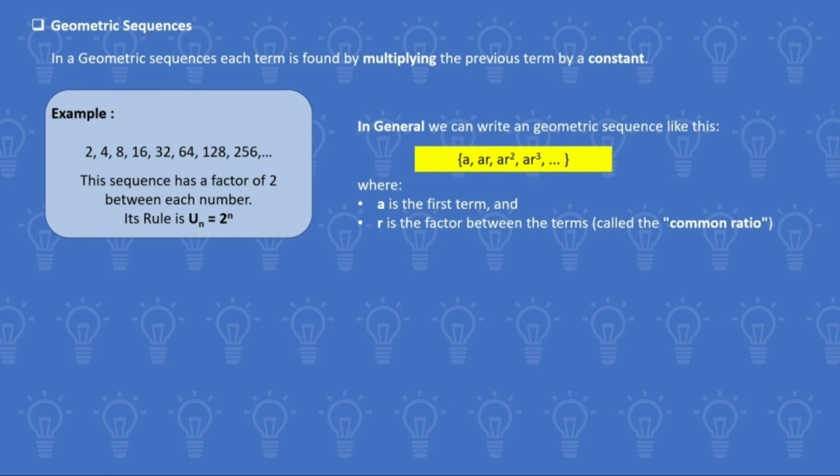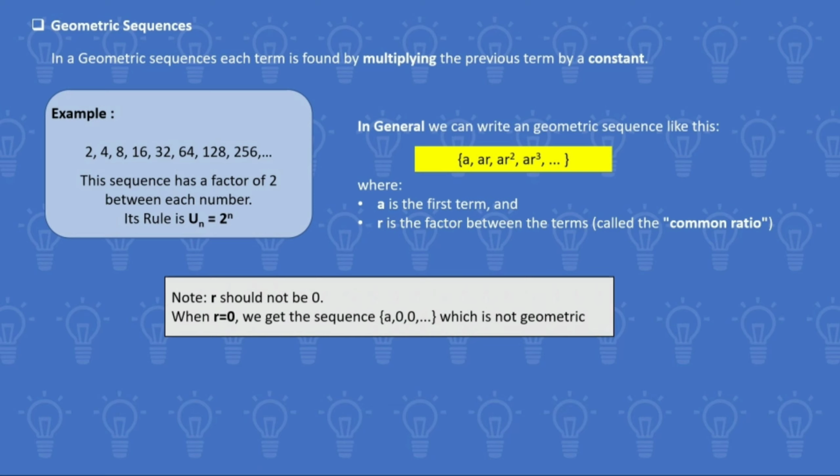In general, we can write a geometric sequence like this: a, ar, ar squared, ar cubed, and so on, where a is the first term and r is the factor between the terms, called the common ratio.